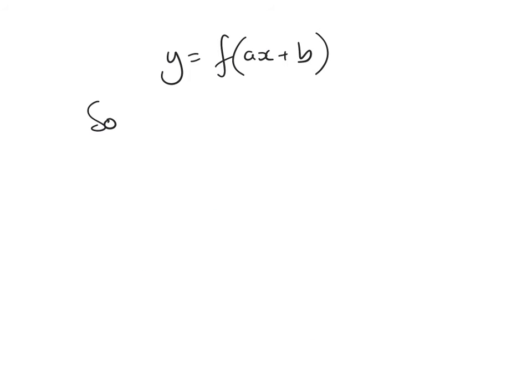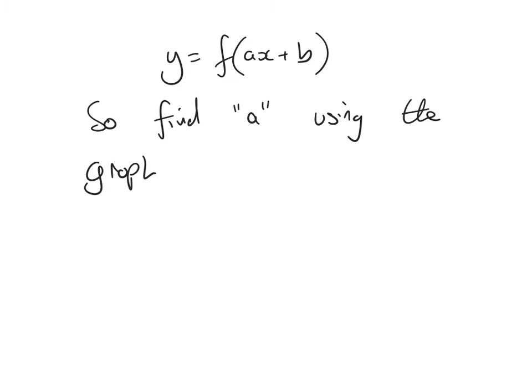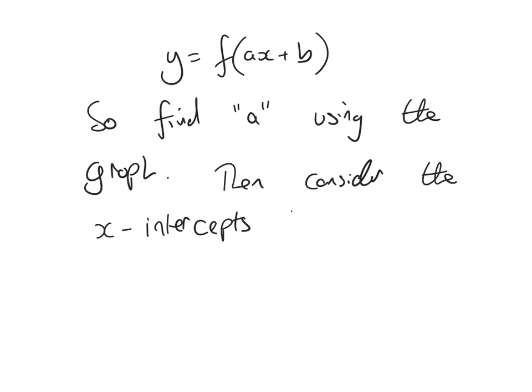Okay, so to summarize how you're going to do these in practice is you're going to find A by using the original sketch. So whatever the sketch is, you're going to find 2 points, find the distance between them, and figure out the scale factor and find A from that. Once you've done that, you're going to use A. You're going to look for an x-intercept in the graph that you are given.